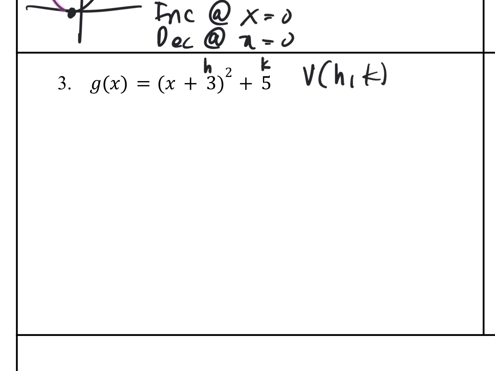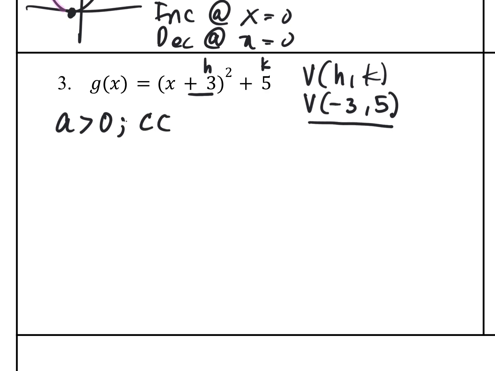We also said that whatever we see in here, we change the sign. Therefore, the vertex here is located at negative 3 and 5. My a is positive, and since a is greater than 0, it's going to be concave up.